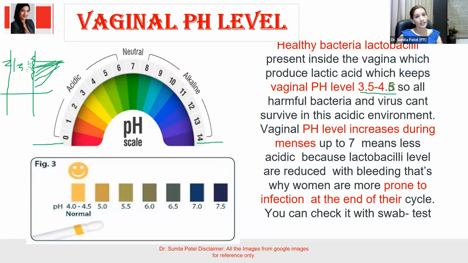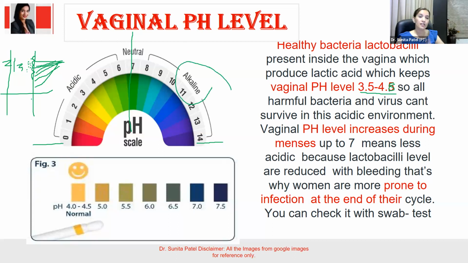So if we understand the vaginal ecosystem, 7 is the neutral part, the mid part of 0 to 14. Now the vagina doesn't want an alkaline nature, because if that happens, bacterial growth will occur there, and bad bacteria will also start developing. We don't want an alkaline vagina.